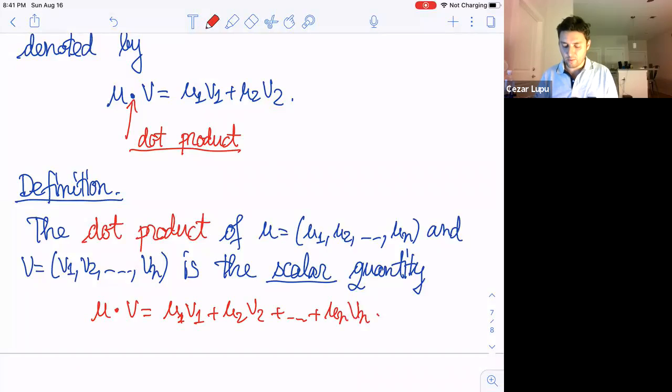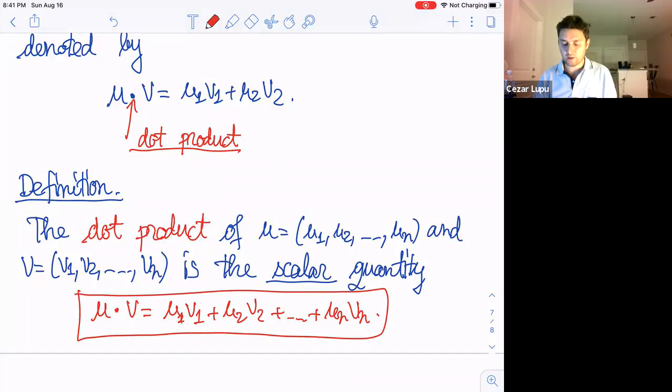So that's a scalar quantity. That's how we define the dot product for two vectors in Rn. As you can see, this is just the generalization of the dot product in R2.